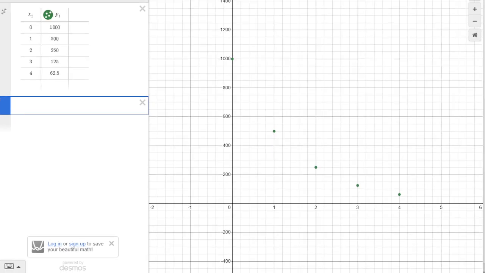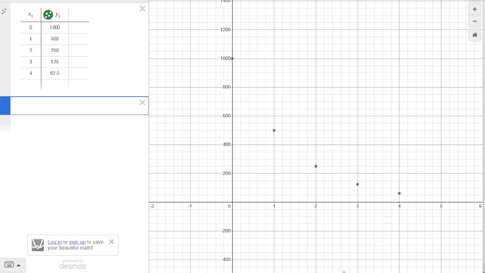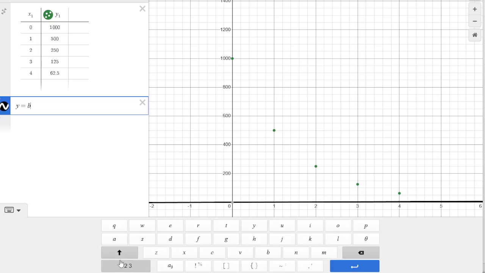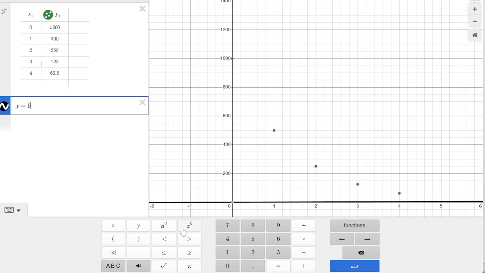It's not wanting to behave for me. There we go. That'll work. So if this were just doing an exponential function, we would do y is equal to b to the power of x, right?